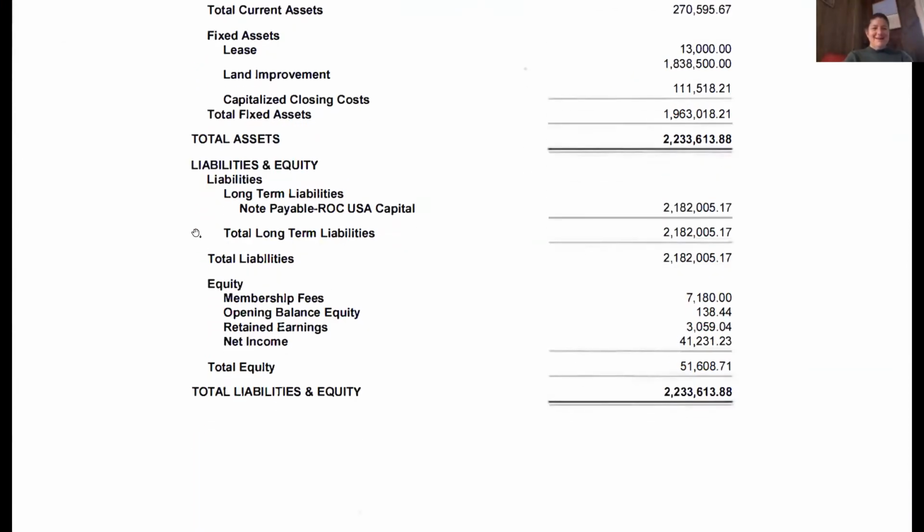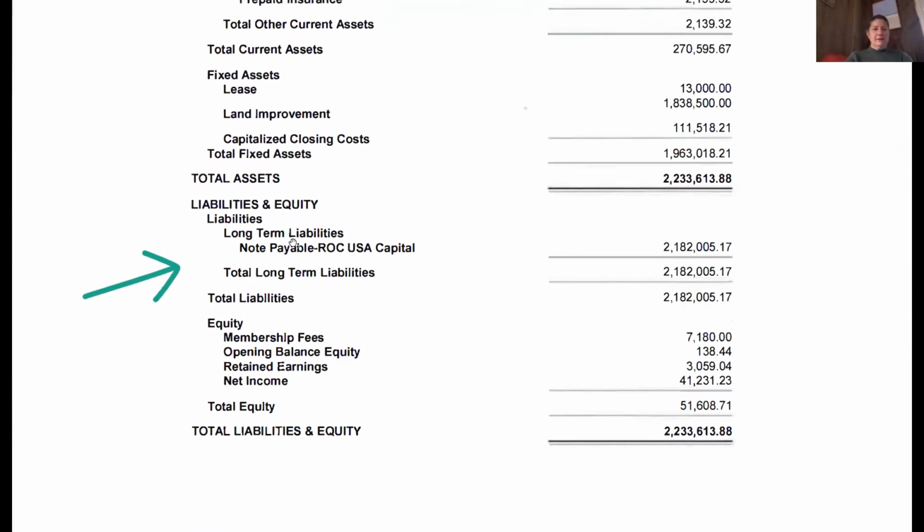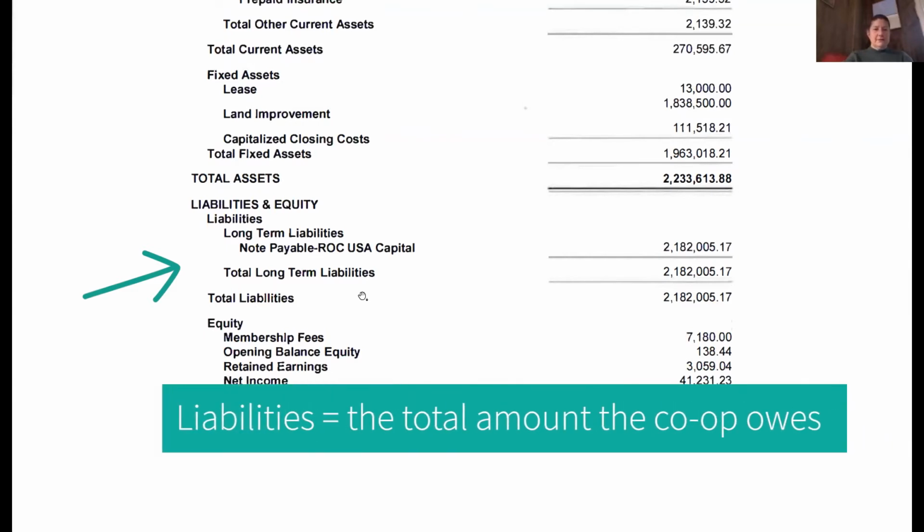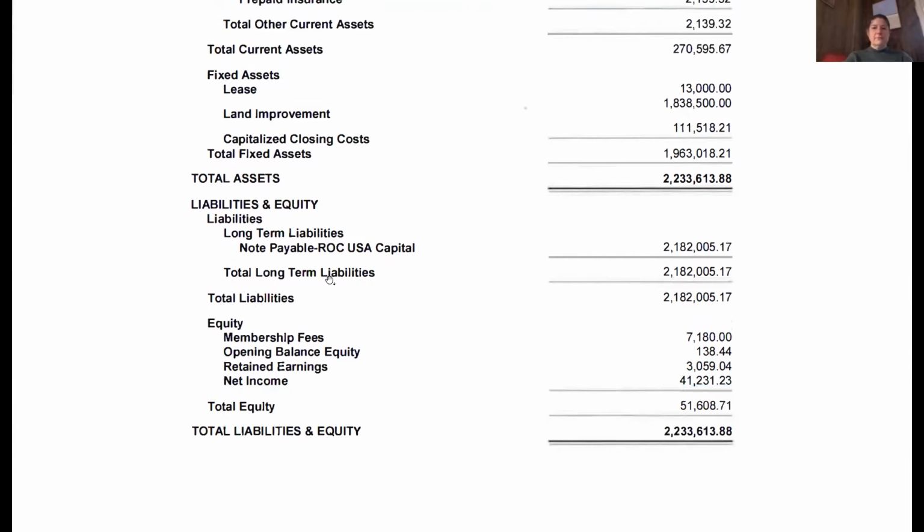The next section of the balance sheet shows the liabilities of the co-op. And here is the amount of money that the co-op might owe, either in a loan or in your mortgage, or it could even be the amount of money owed to vendors and unpaid bills.